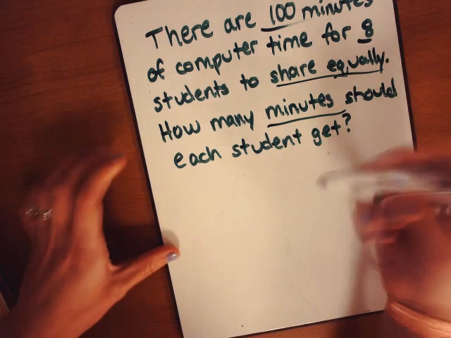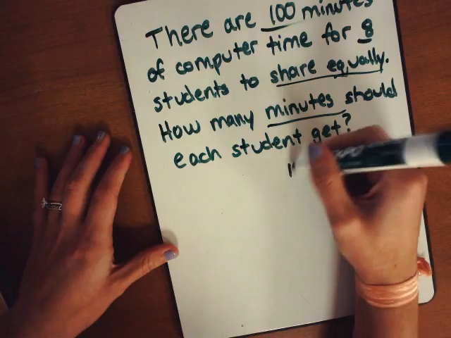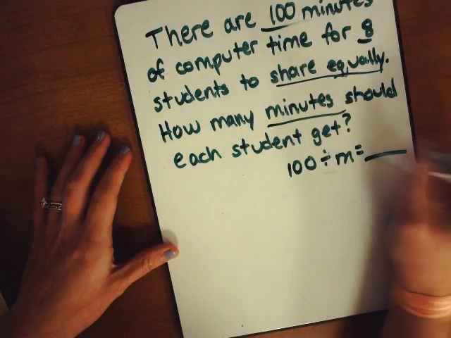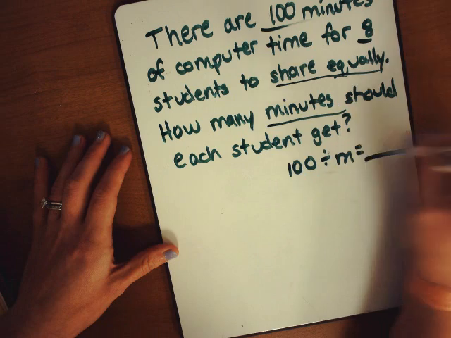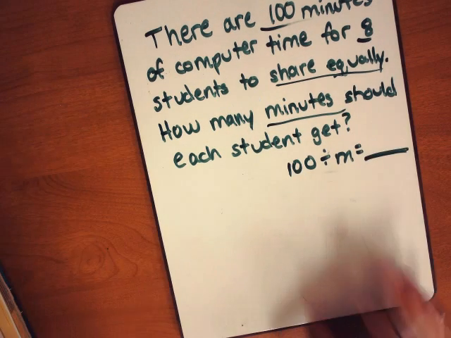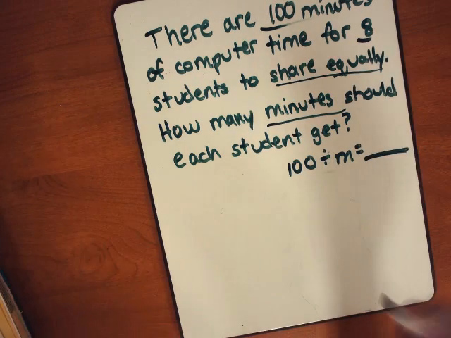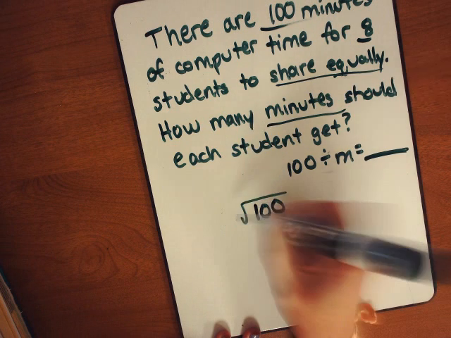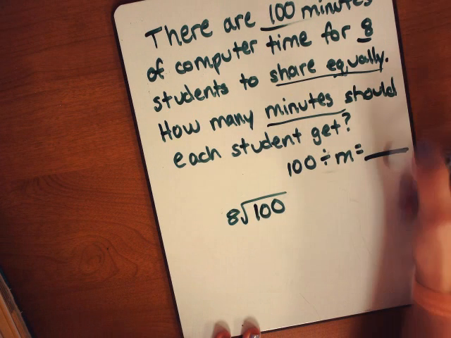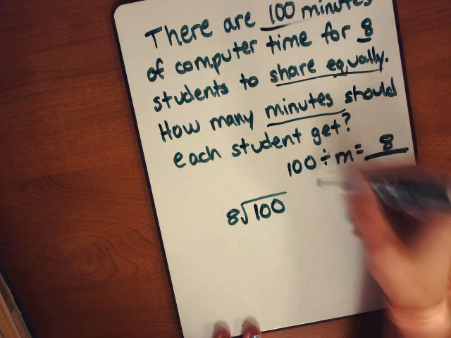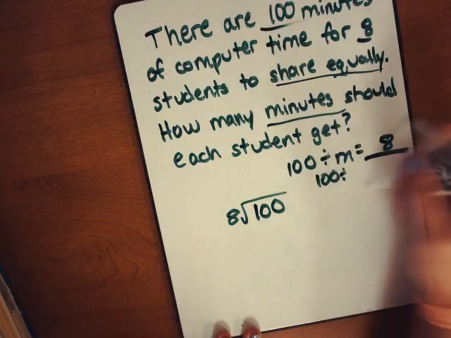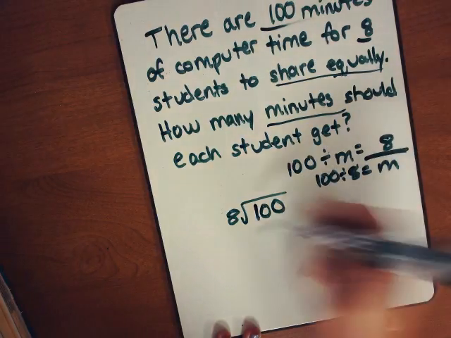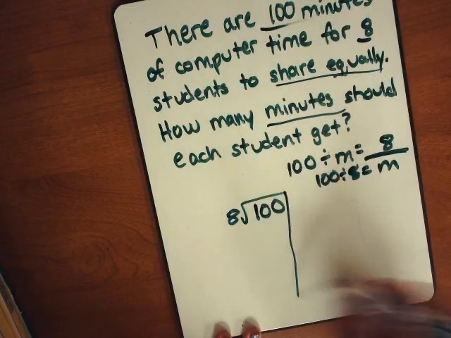Okay, so my number model then that I'm working off of is 100 divided by m will get me my answer there, my quotient. So I can do 100 divided by 8 students. I'm sorry, you can give me 8 or 100 divided by 8 is equal to the minutes right there. Either way, there it is. So I'm going to use the partial quotients.